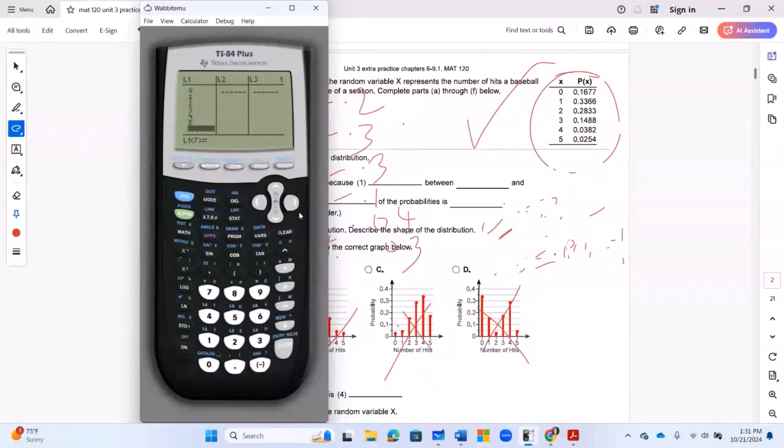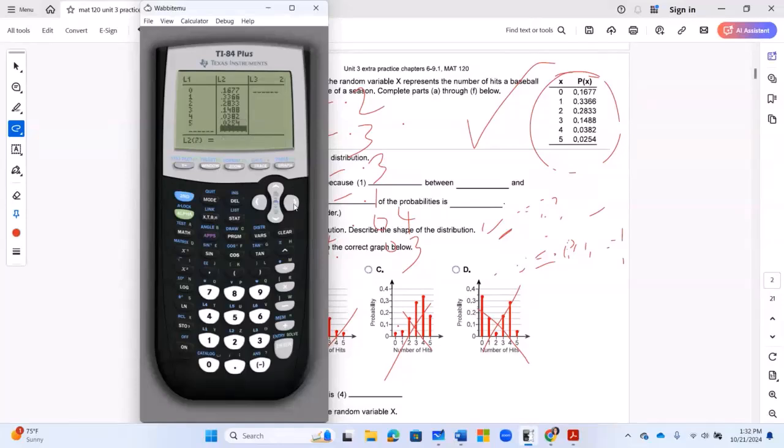And then the probabilities are in L2. So I have to type the 4 digits that I have, in 4 decimal places: 0.1677, enter, 0.3366, enter, 0.2833, enter, 0.2833, enter, 0.1488, enter, 0.0382, enter, 0.0254.